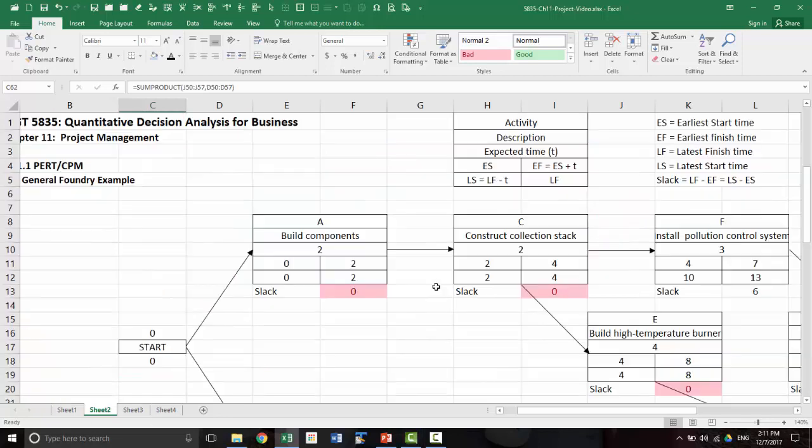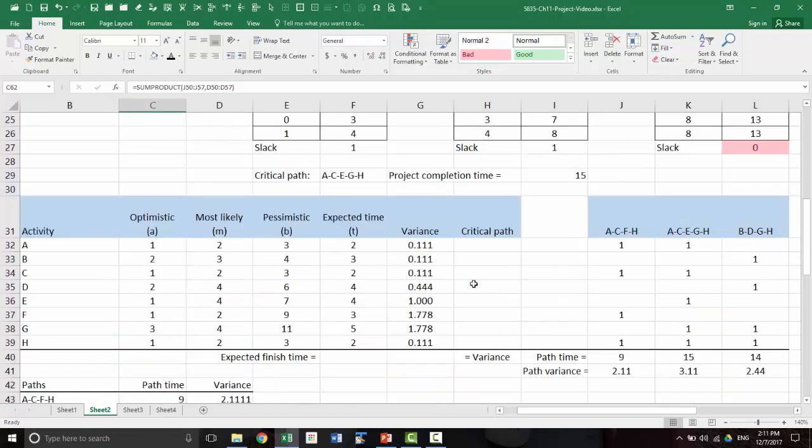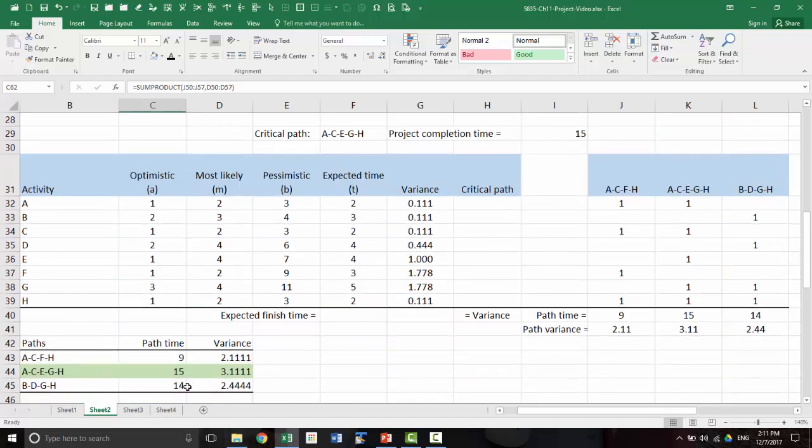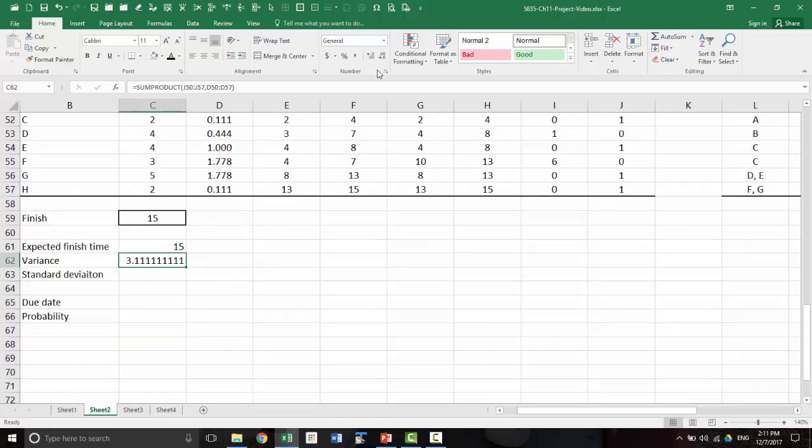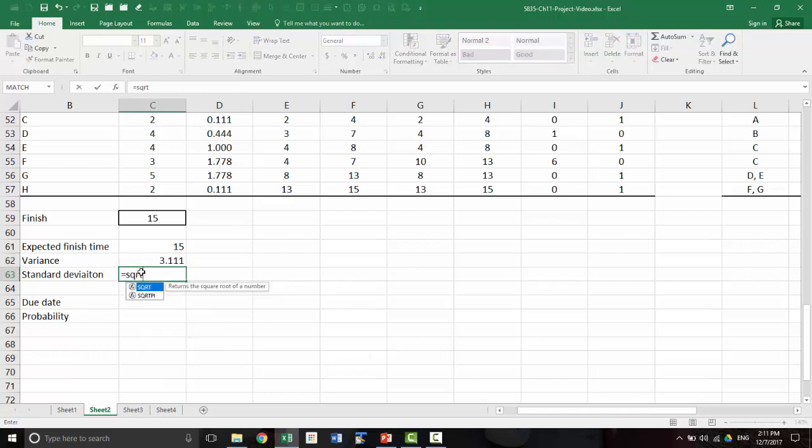We already computed this here. Okay, so 3.11, which is what we get here as well, obviously. And standard deviation is the square root of that. So once we have that, then we can find the probability.